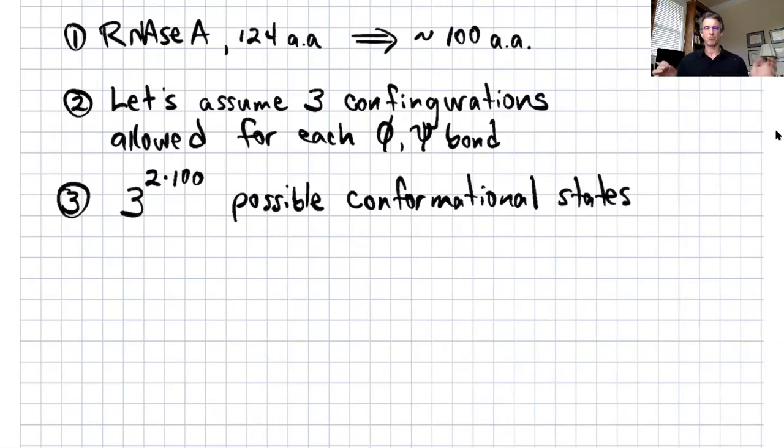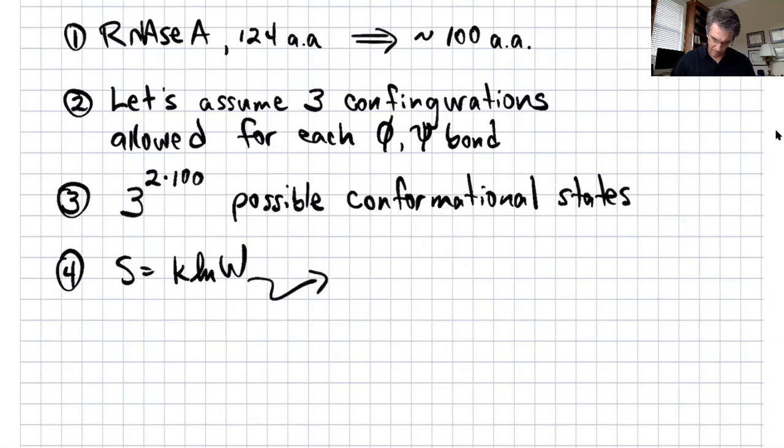In principle, right? Okay, so using the statistical mechanical definition I gave you guys of entropy, remember that S equals k natural log of W. Well, what we can do is set W equal to that 3 to the 2 times 100 possible conformational states.